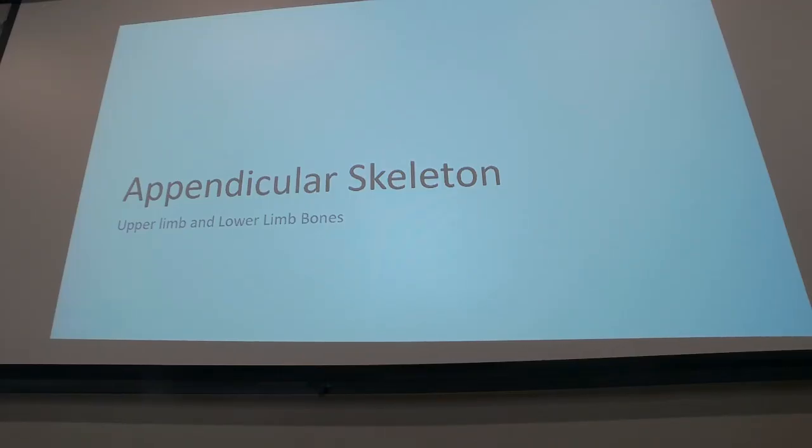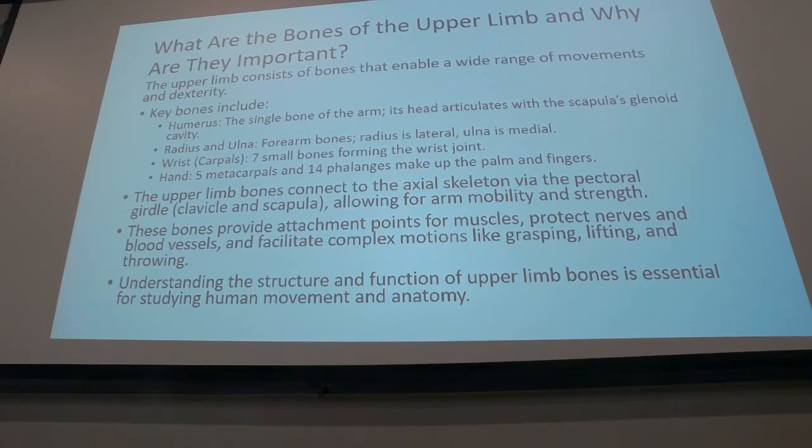Okay, so now for the appendicular skeleton. What are the bones of the upper limb and why are they important? In the upper limb, we have in the arm a single bone that is the humerus, and then in the forearm, we have two bones, the lateral bone, which is the radius, and the medial bone, which is the ulna.